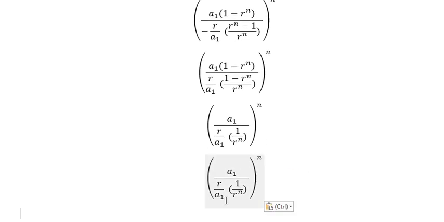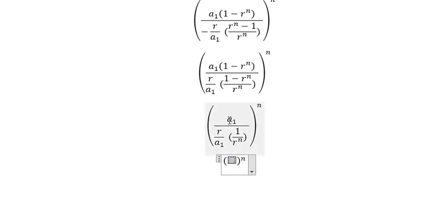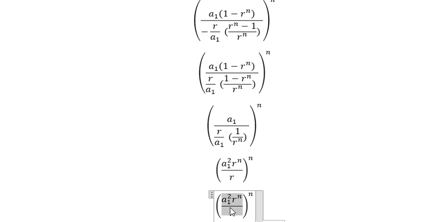So a1 and r to the power of n will go to here. And we have a1 squared r to the power of n over r. And this one we can simplify, and that is a1 squared r to the power of n minus 1.